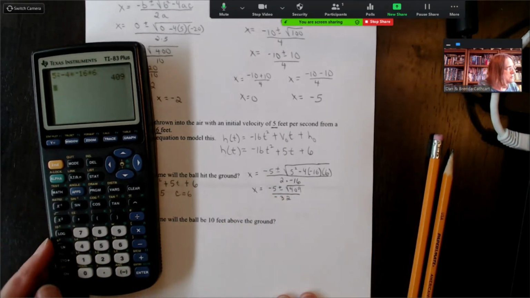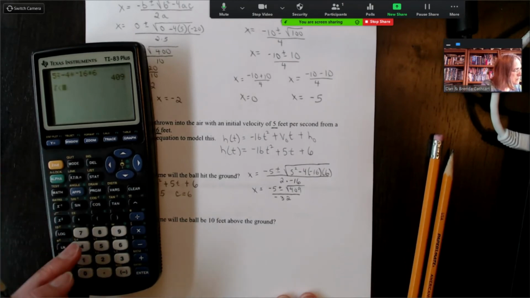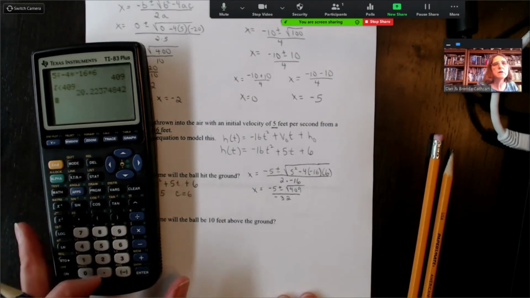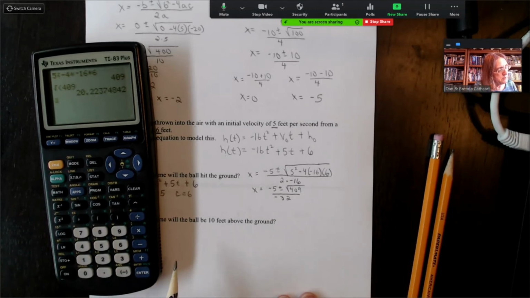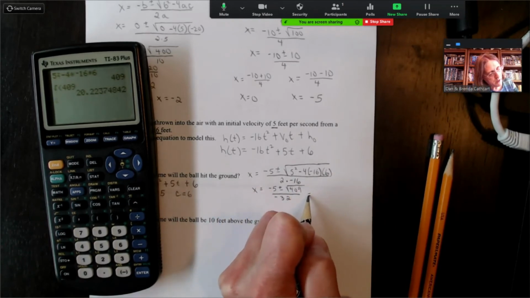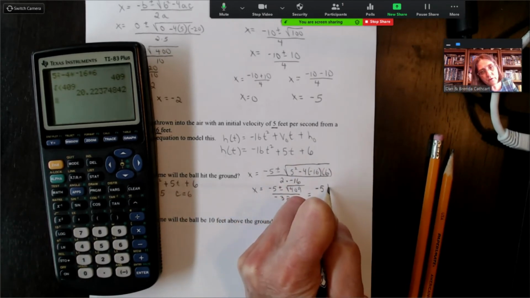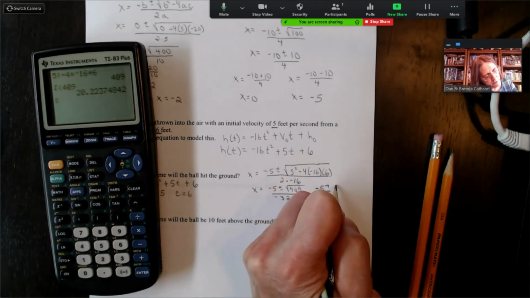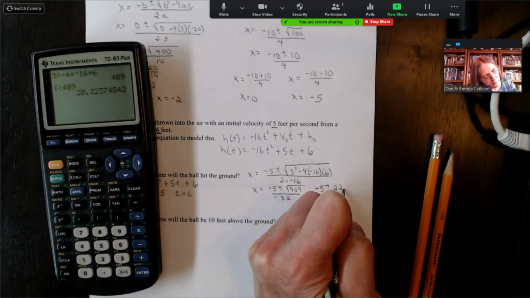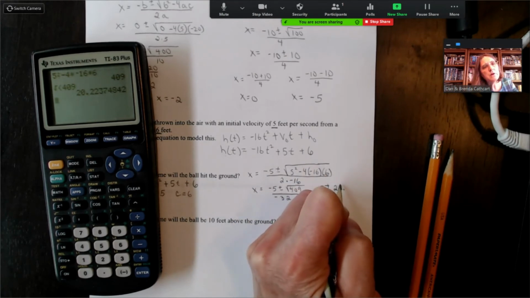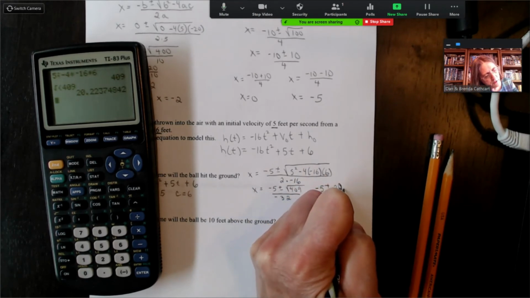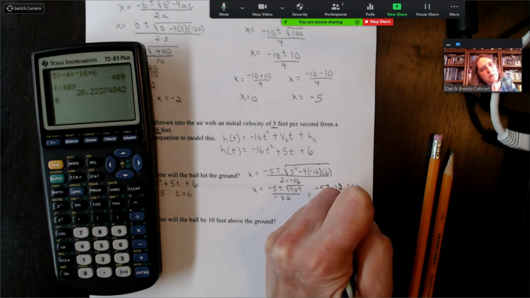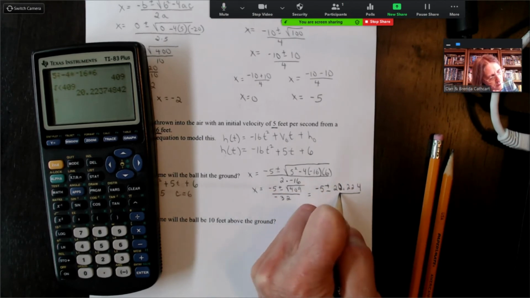Let's calculate our square root of 409. Take it out to the thousandths place. So we would have negative 5 plus or minus 20.224, all divided by negative 32.